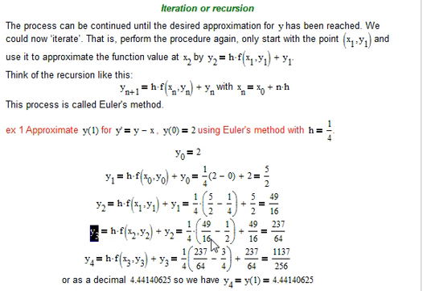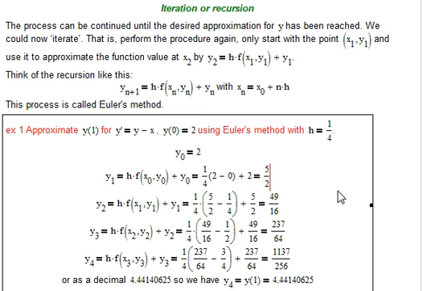And then we add, of course, the 49/16, and that comes out to 237/64. Are you keeping track of this? Anyway, our y4, which is going to be the approximated value of y when x is 1.